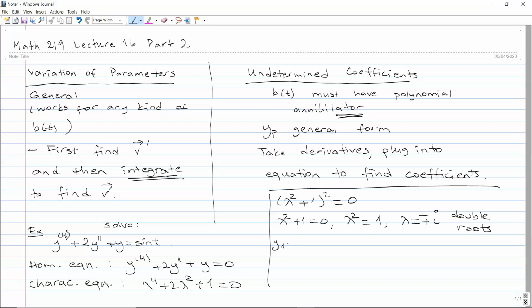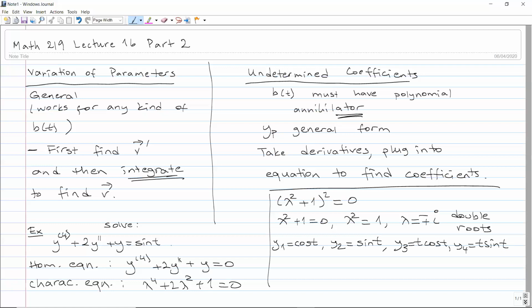So first we write the solutions for i, the complex number. Imaginary part is 1, real part is 0. So the corresponding real solutions are cosine t and sine t. And since it's a double root, for the other two solutions, we multiply the first two solutions with t. So the third solution is t cosine t, and the fourth solution is t sine t.